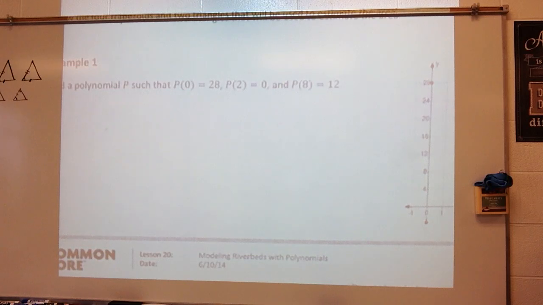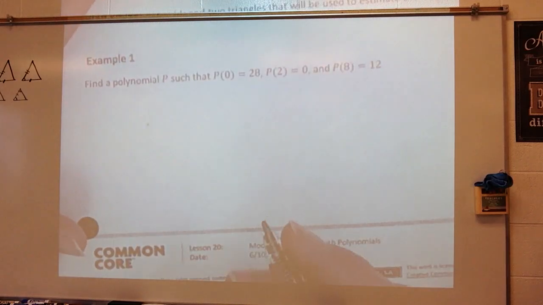Well, you can use a system of equations by plugging in x and p of x values into the equation p of x is equal to ax squared plus bx plus c, as you did in lesson 1. Now I realize that lesson 1 was a long time ago, but let's think about this for just a second.